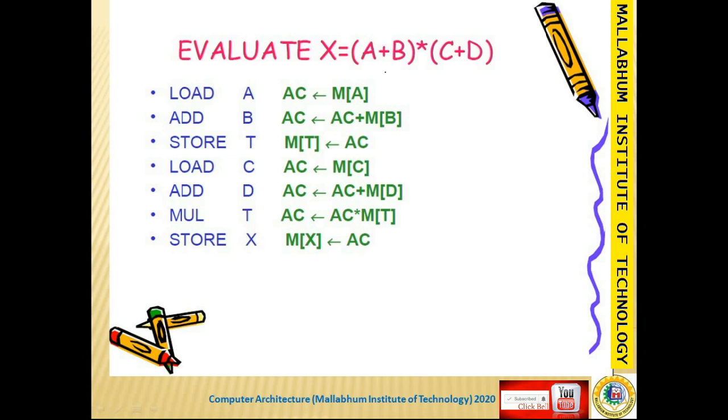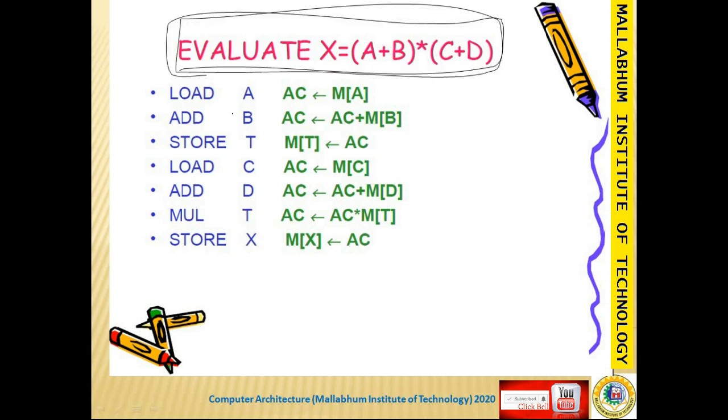Next, evaluate this expression again. Here we are using load and store commands for demonstration. We have already said that load is used for transferring data from memory to a register. This is the memory content.